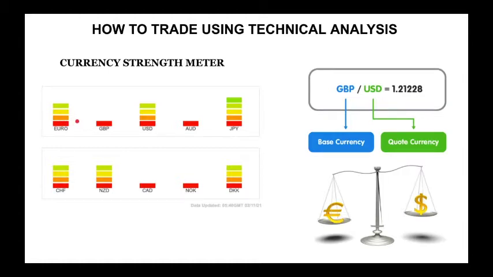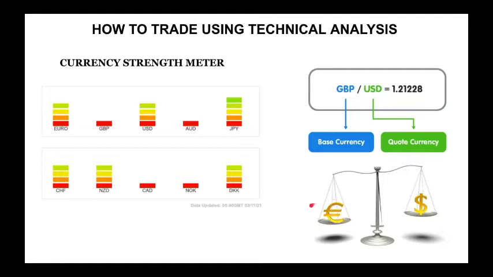that particular currency has strength. But when you see fewer bars on a particular currency, it means that currency is currently weak at that particular time. So the idea is that when you put these currencies on a balance scale, the stronger currency tends to pull the other currency, which is the quote currency, its way.